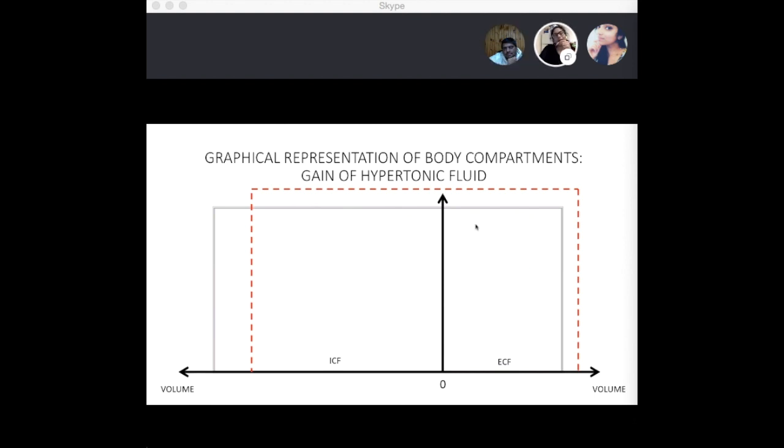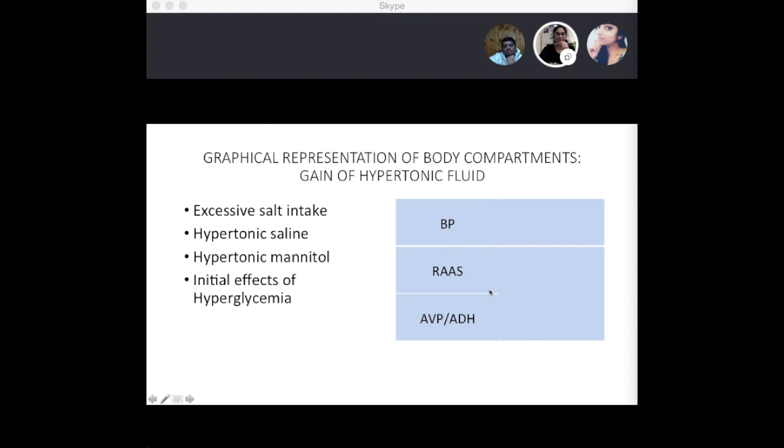Okay, yes, but the cell hasn't died yet, because then this red line would probably be at zero, because intracellular is inside the cell. But you were on the right track in terms of the solutes. We did say sodium? Exactly. Excessive salt intake or hypertension, like you said.